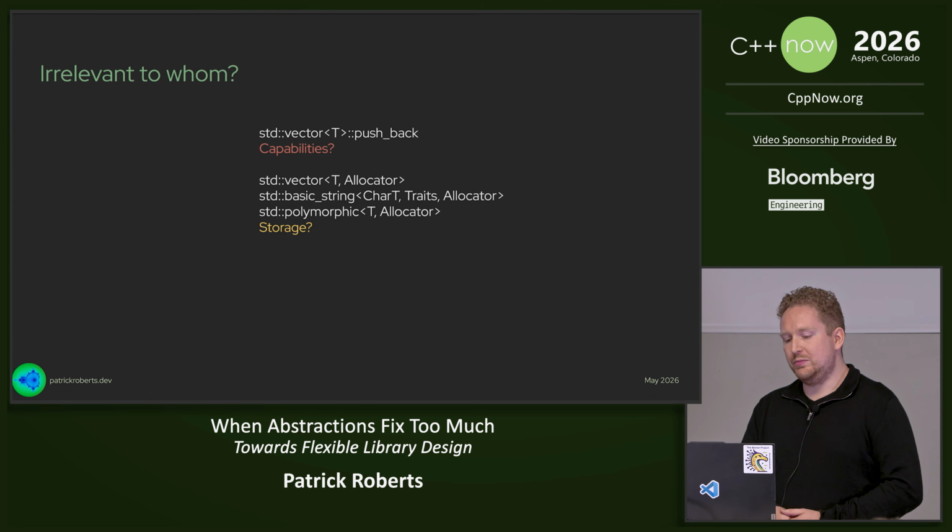If you wanted to change what that implementation defined limit was for the small buffer, you'd have to implement your own string. And so all of the capabilities that the basic string abstraction provides from the standard library, you'd have to re-implement yourself in order to do that.